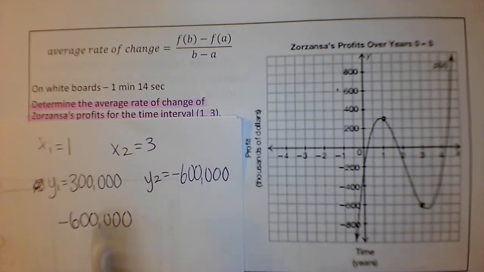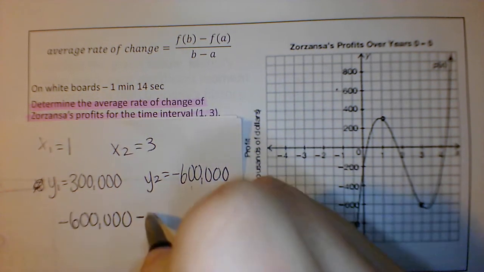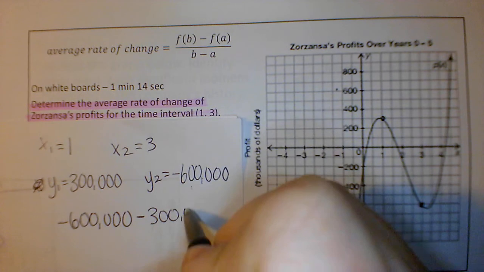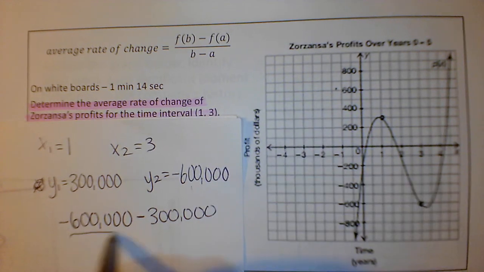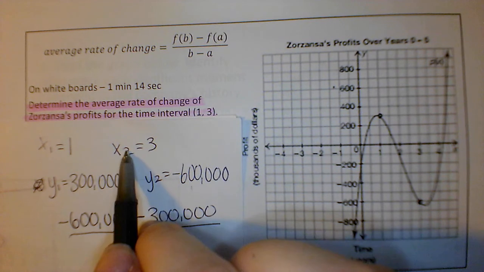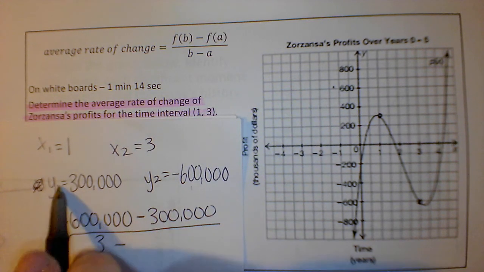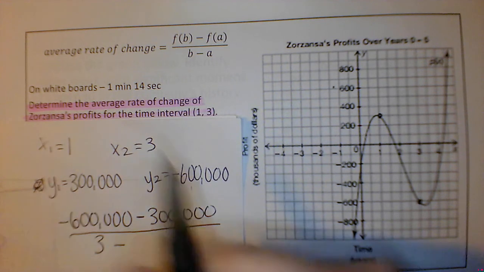So I'll use negative 600,000 as my first y, and my next one is 300,000. This y value was y2, so I need to make sure I use x2 first. This y value was y1, so I need to make sure I use my x1.